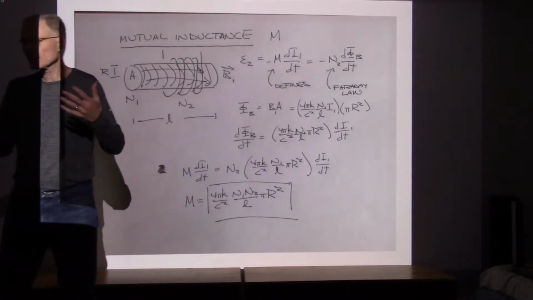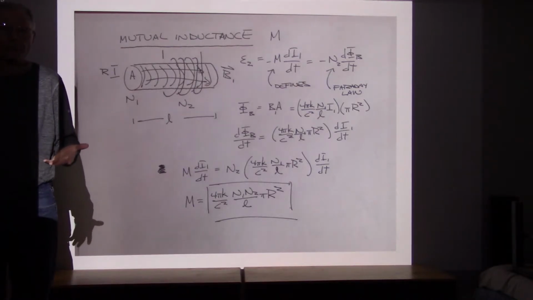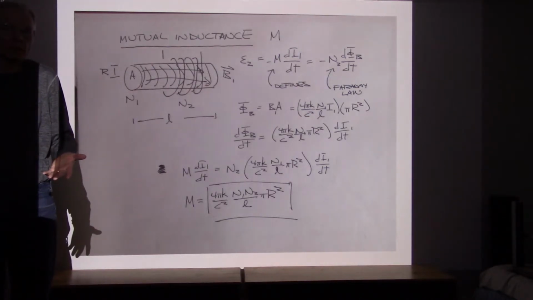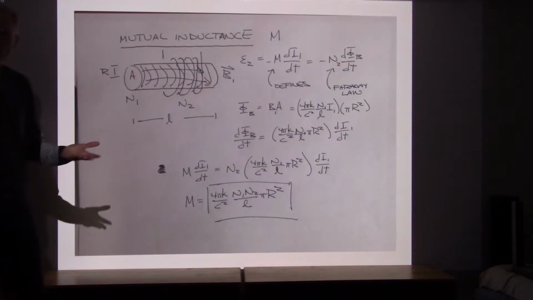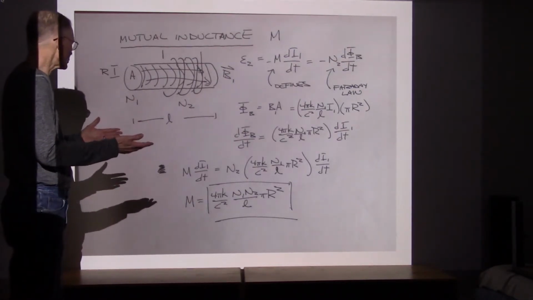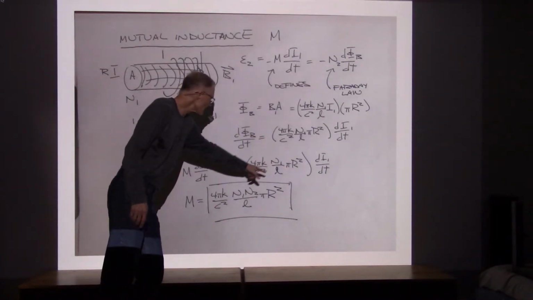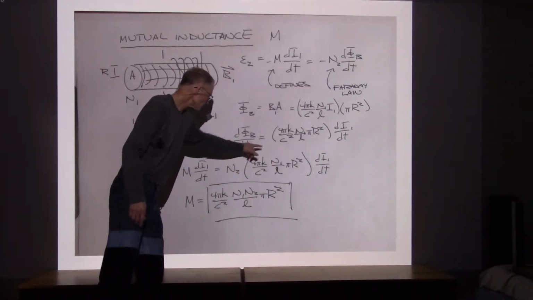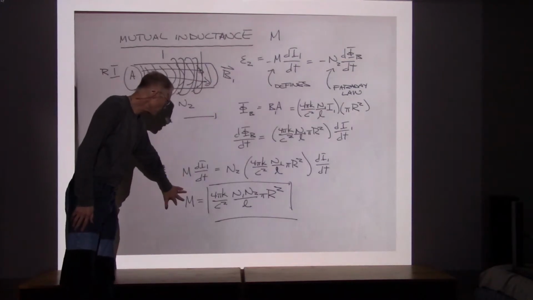So what this says is the specifics of how the current is changing don't really matter, as long as it's changing, as long as there's some acceleration of the charges. And all of these constants combined give me my mutual inductance.